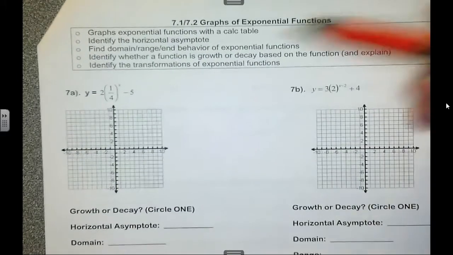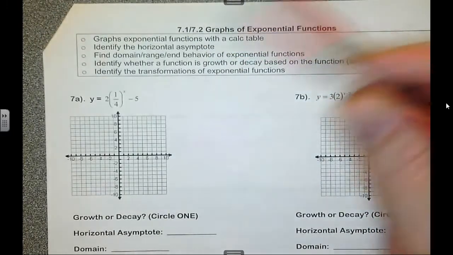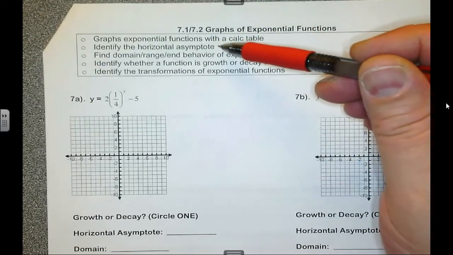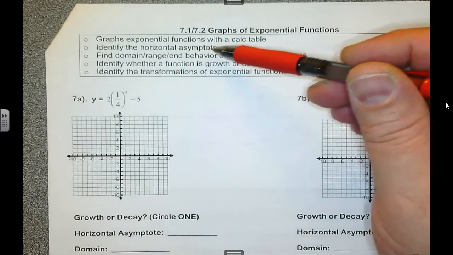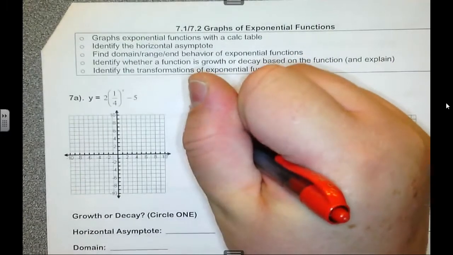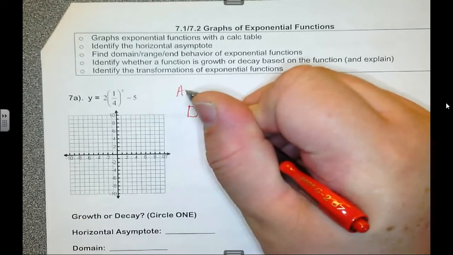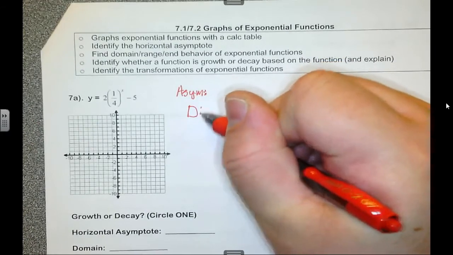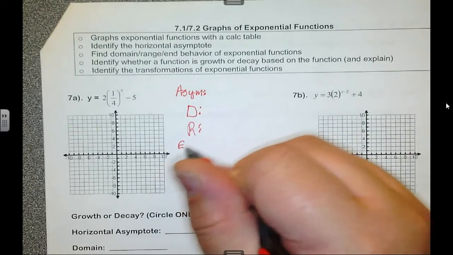7A. Graph of exponential growth and decay. So we have to identify the horizontal asymptote, find domain, range, and behavior.